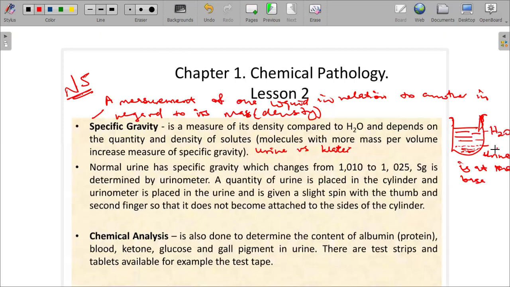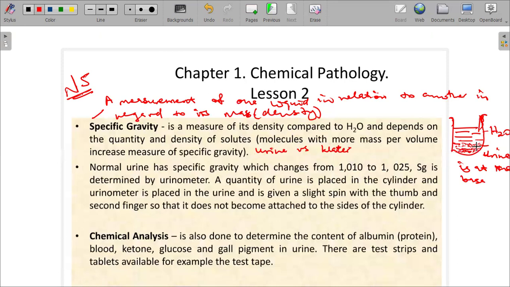When water is on top, it means the specific gravity, or the density, of urine is heavier compared to water. So specific gravity measures the densities of two different liquids when mixed together, in relation to each other.